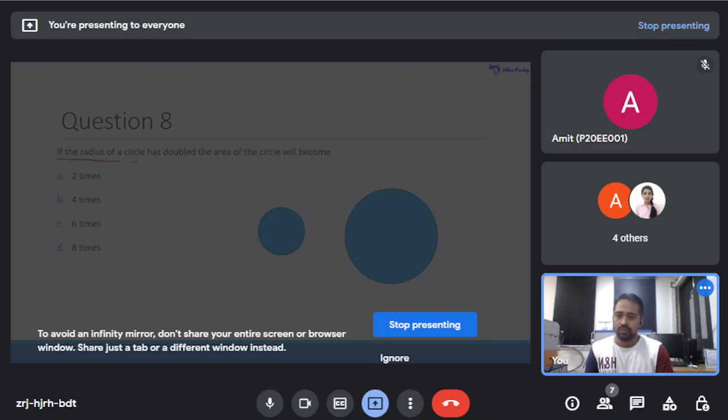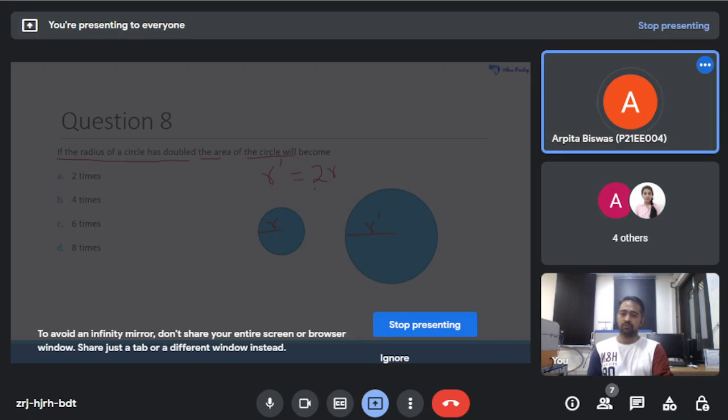If the radius of a circle is doubled, the area of the circle will become... So here is a circle, okay, its radius, remember, we are not talking about diameter, this is the radius, and let's suppose it is r. Okay. 4 times. 4 times.